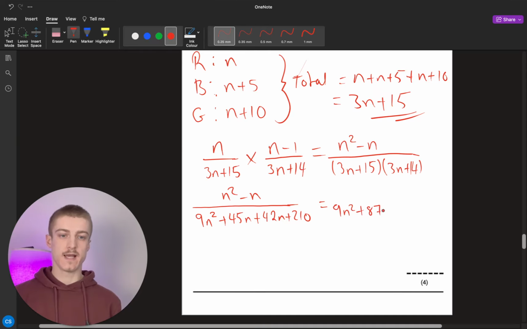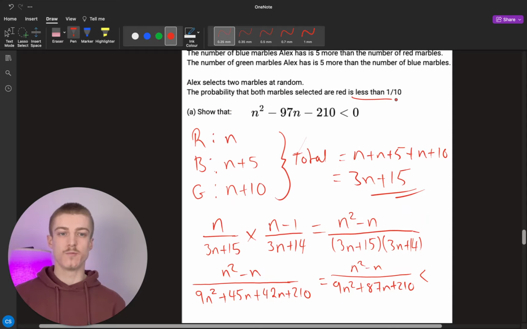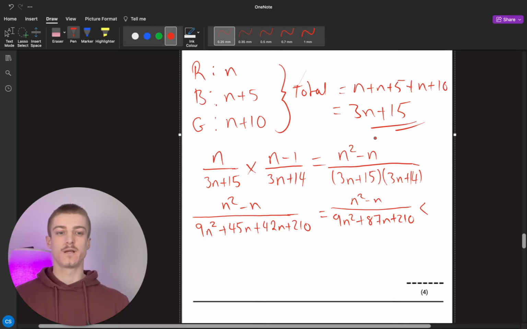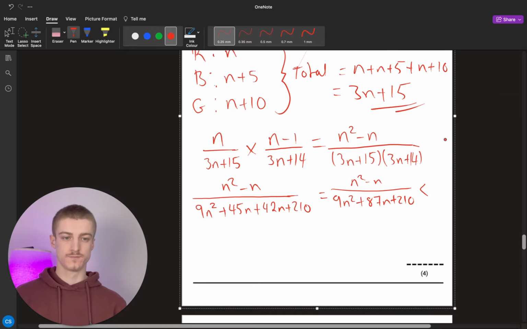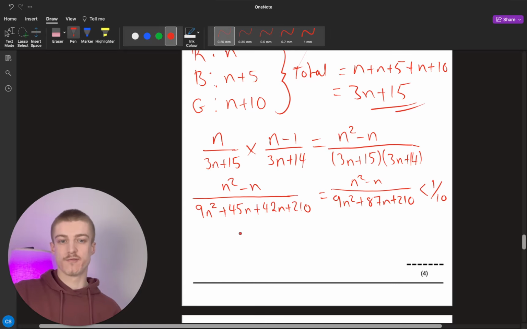plus 21. And we need to show that n squared minus 97n minus 210 is less than 0. So we have 0.1 n squared. 1n minus 8.7n is minus 9.7n. And there's no constant term on the left, so minus 21 on the left there.